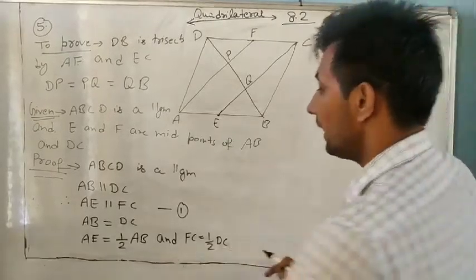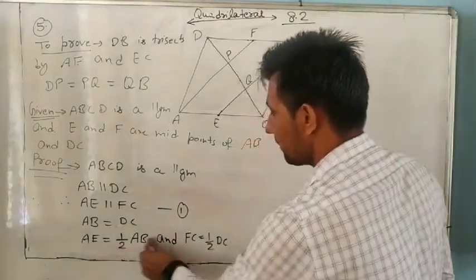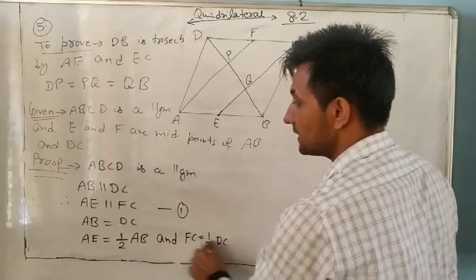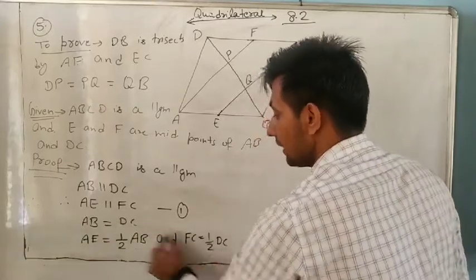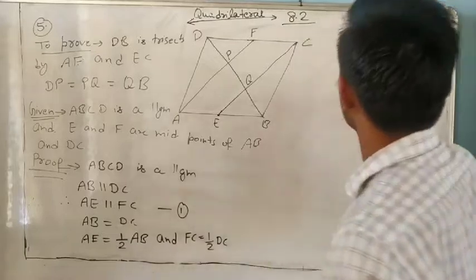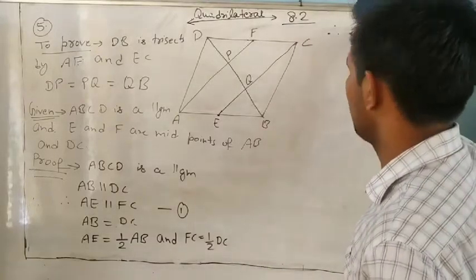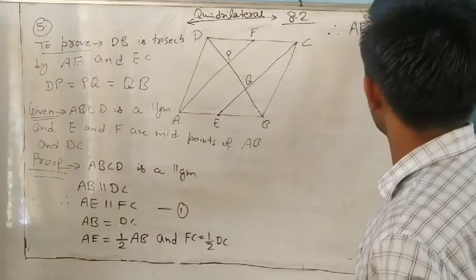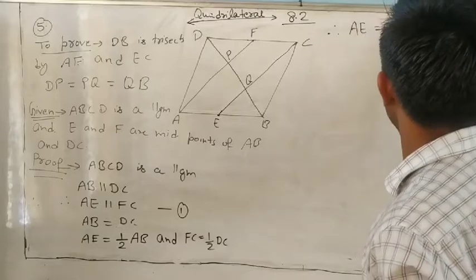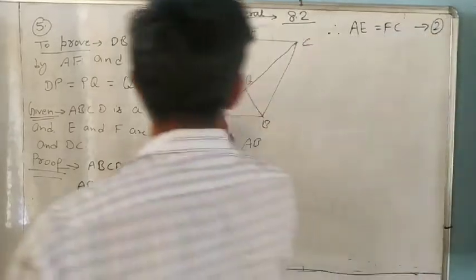We can say that AE equal to half of AB, FC equal to half of DC, but AB and DC are equal. So AE equal to FC. Equation number 2.